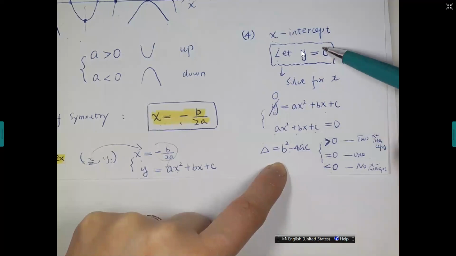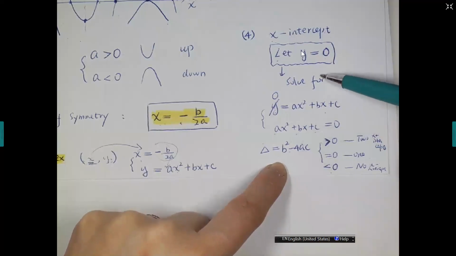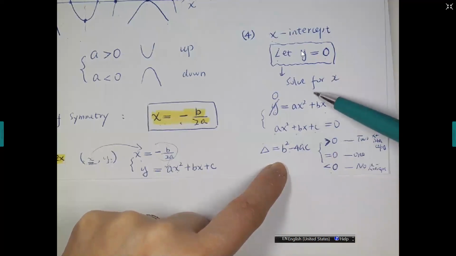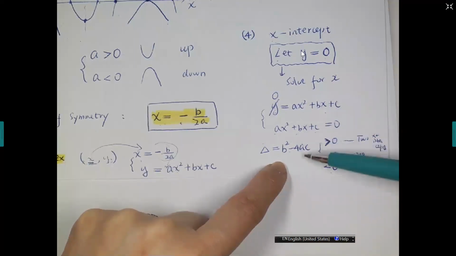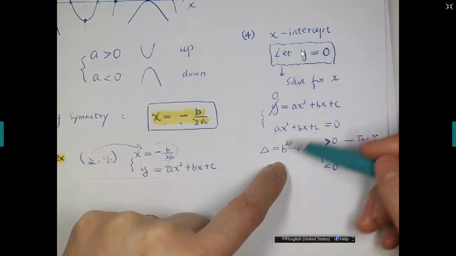First, let y be 0, then solve for x. If there is no solution at all, that means no x-intercept. If there is just one solution, it means there is just one x-intercept. If there are two solutions, that means there will be two x-intercepts. That's it.